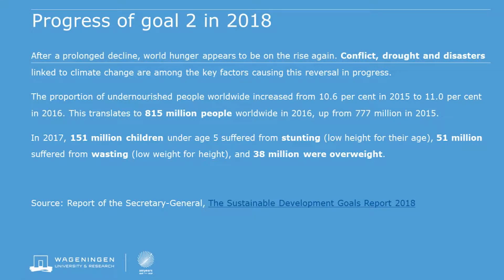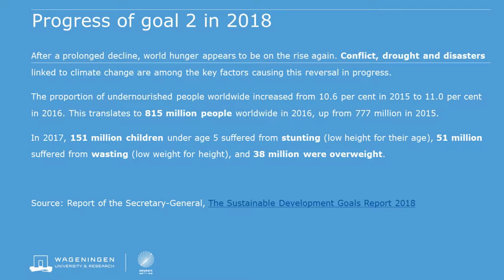Figures are always complex, especially when they're round like this. But basically it means that currently, or in 2016, we are faced with 815 million people that are undernourished, right? So food insecure, undernourished. We'll look at that definition a little bit later also. Of which 151 million are children that are so chronically undernourished that they stunt, meaning that they don't grow tall enough.